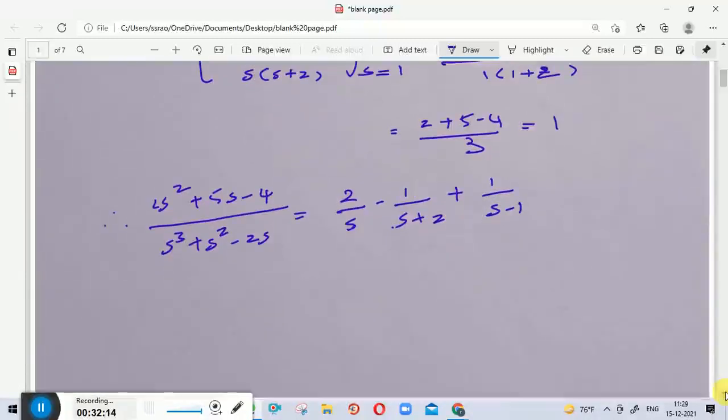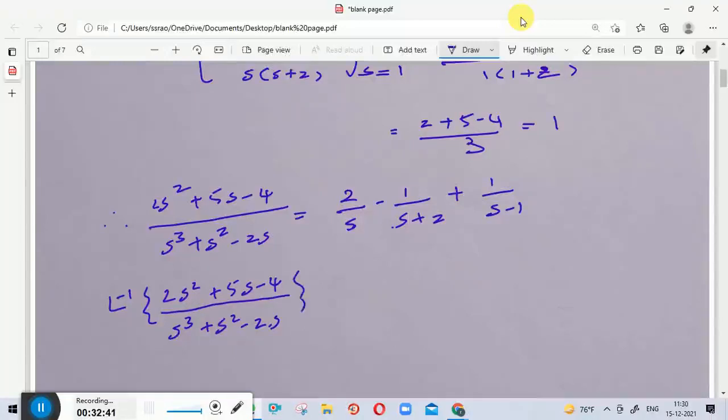So L inverse of (2s square plus 5s minus 4) divided by (s cubed plus s square minus 2s).